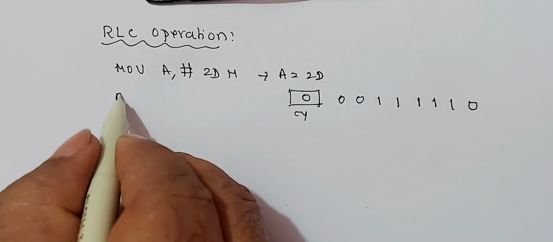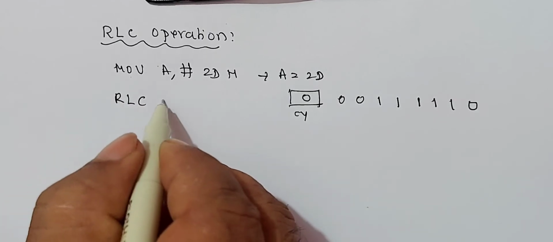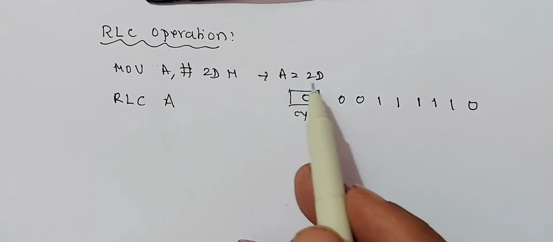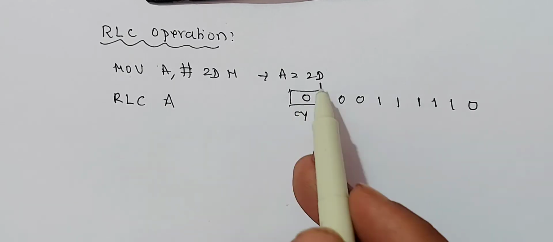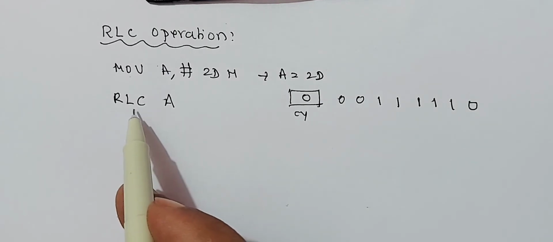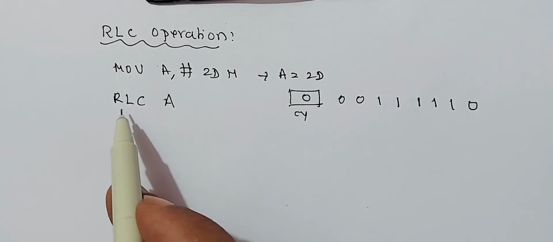Now I will write the instruction RLC A. Write the content of A. What is the content of A? That is 2D, given by this number. Write this to the left side along with carry. Here in this rotation, carry is also included, but you have to rotate this to the left.